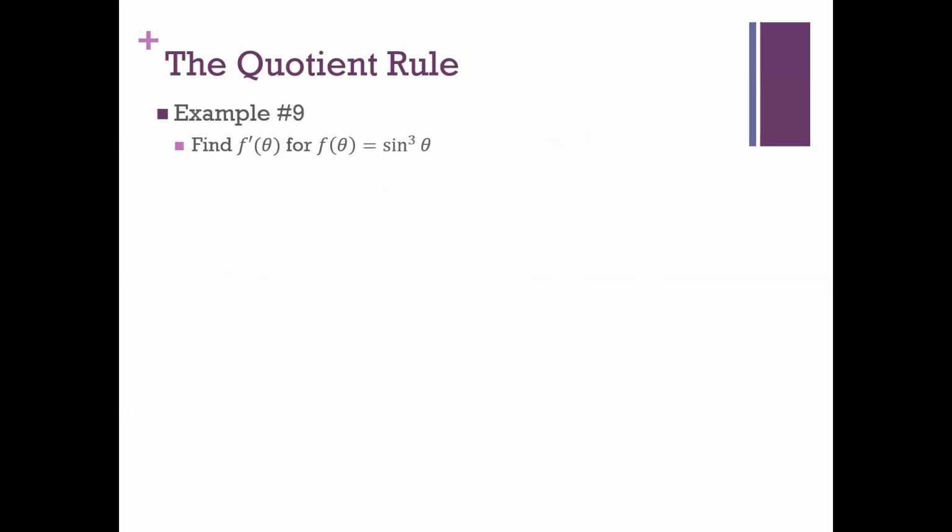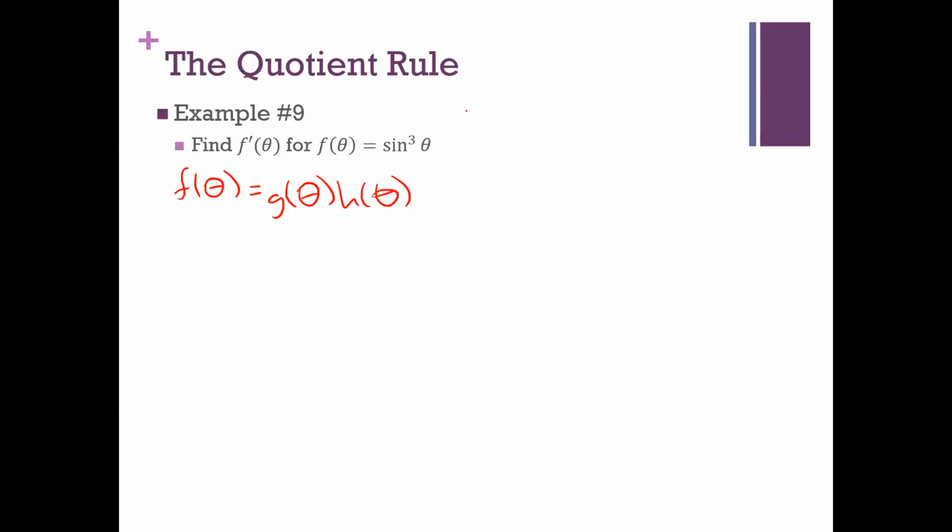Let's find the derivative of sine cubed. Can I set this up using product rule or quotient rule? Good. As product or quotient? Oh, product. Okay. So the first thing I do is this.